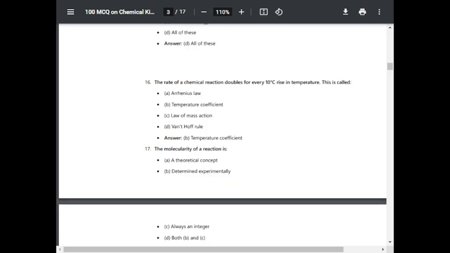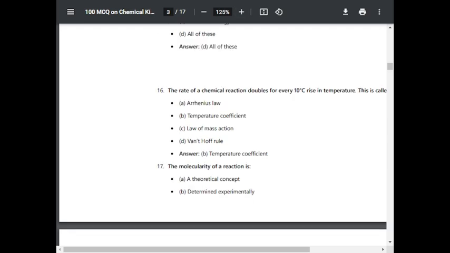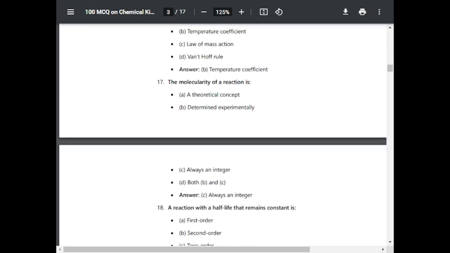This is called: option A, Arrhenius law; option B, temperature coefficient; option C, law of mass action; option D, Van't Hoff rule. Option B is correct, temperature coefficient. The rate of chemical reaction doubles for every 10 degree Celsius rise in temperature. This is called the temperature coefficient. Option B is correct.